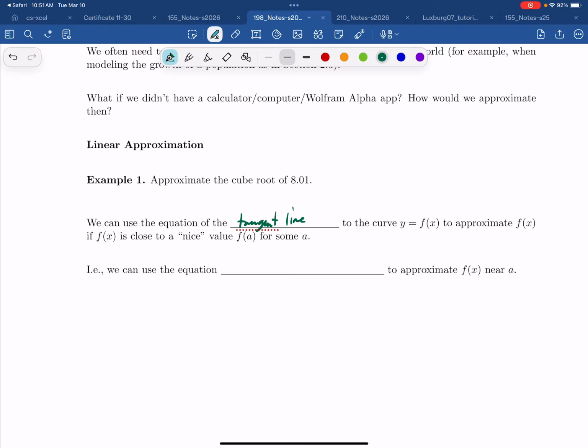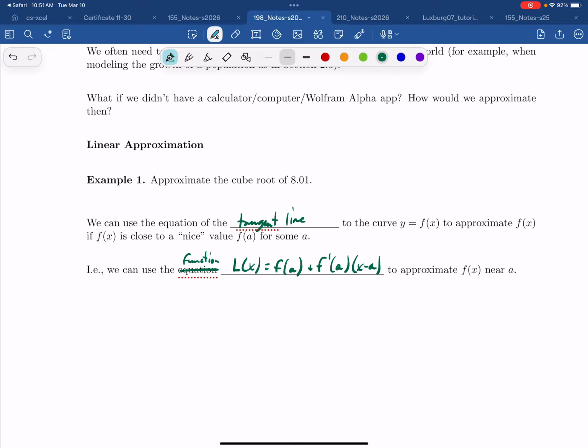So in other words, we can use the function L of x equals, and I'll write this out and then I'll explain it in a sec, f of a plus f prime of a times x minus a to approximate f of x near a.